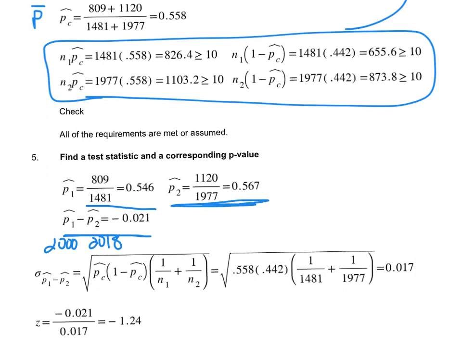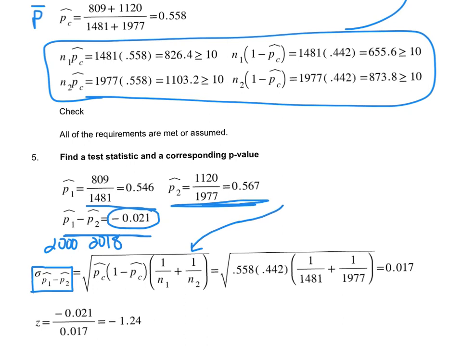Okay, so that allows us to calculate our test statistic. What do we need? We need the standard deviation, because we want to divide that difference by the standard deviation of the difference in sample proportions, or the standard error of the proportion, and that'll give us a z-score. How many standard deviations is that difference? You'll see this is written a little differently here, but essentially we're using the same formula.